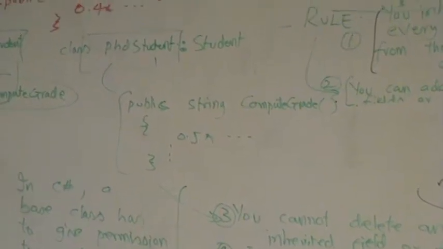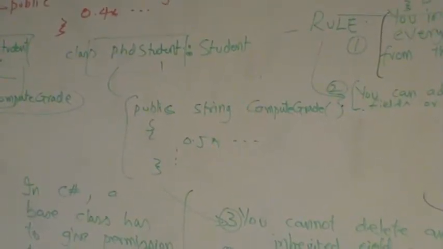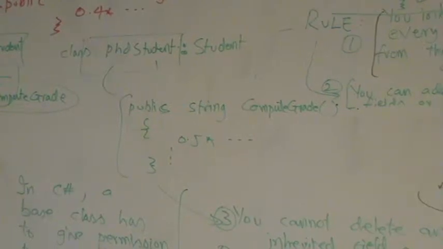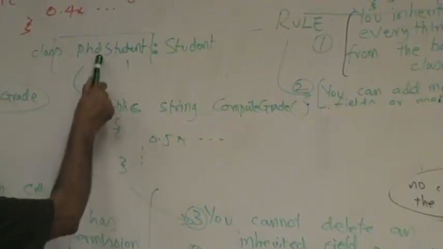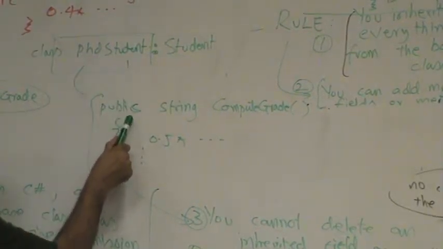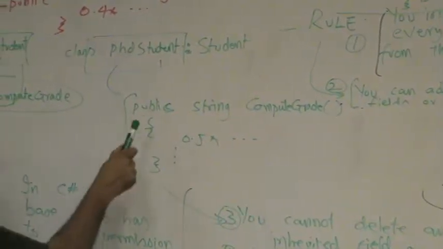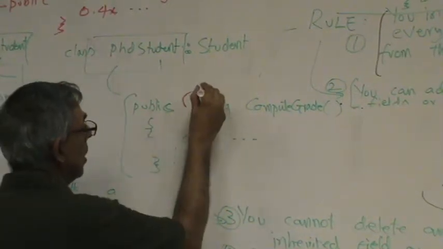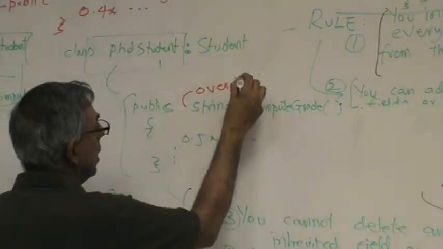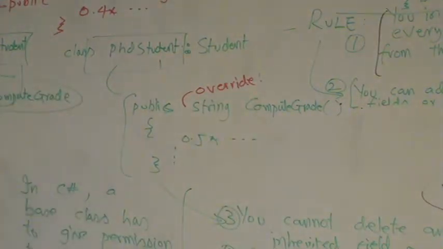Okay, and as I mentioned, the goal of C# is to eliminate confusion, okay? So to make it very clear that this is an override, that only for the PhD student we need this, we'll put the keyword over here called override, okay? But then there's a small problem over here.